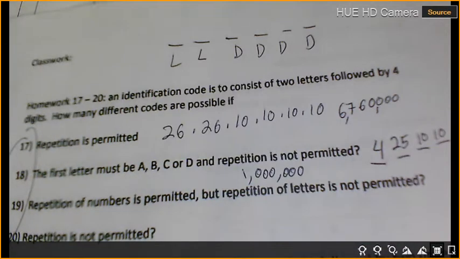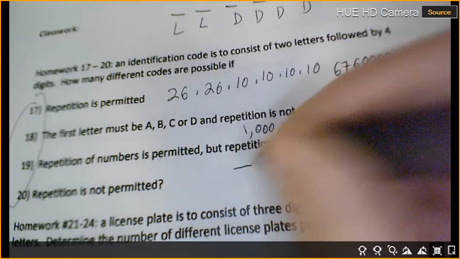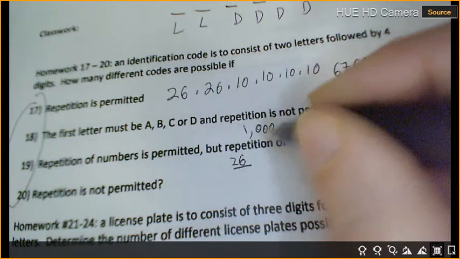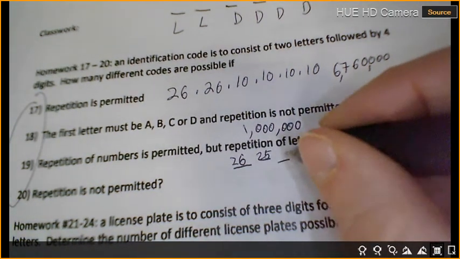Repetition of numbers is permitted, but repetition of letters is not permitted. So my first letter, how many possibilities do I have? 26. My second, 25. Numbers are permitted to repeat, so they should all be 10.